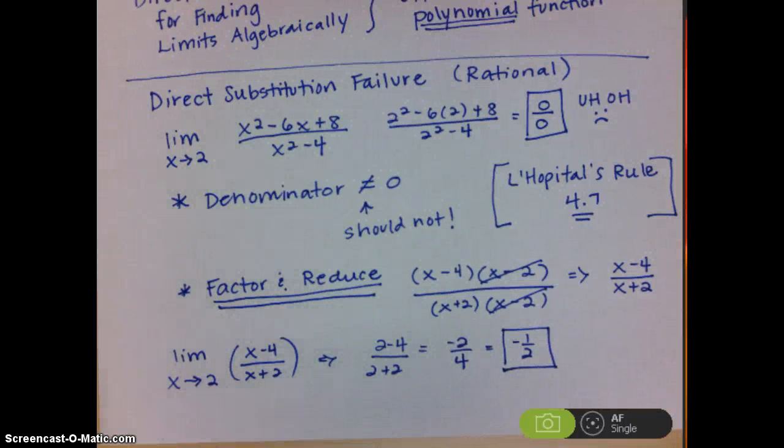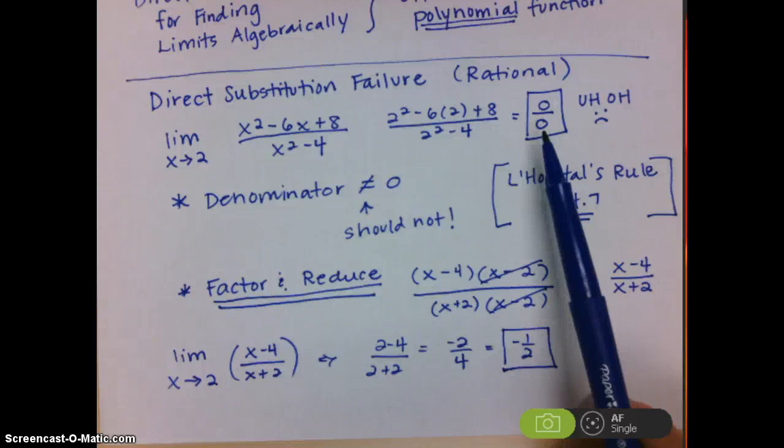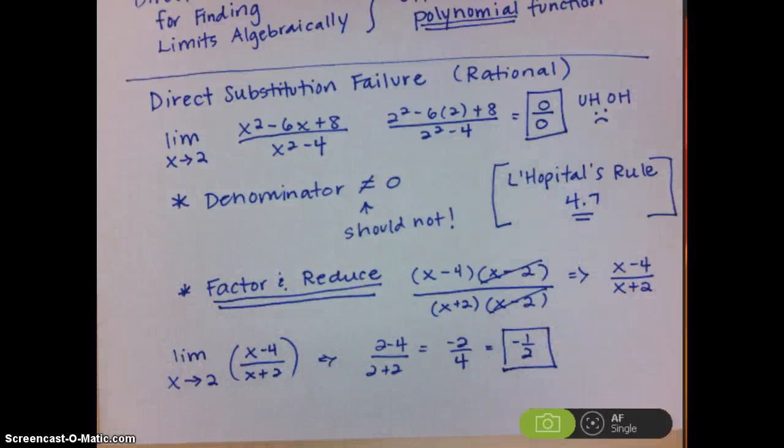So that is, in fact, our limit as x approaches 2 for this function. That is the correct limit, and all we needed to do was factor and reduce this so that we don't have a denominator equaling 0.